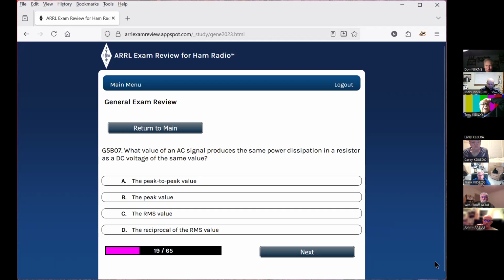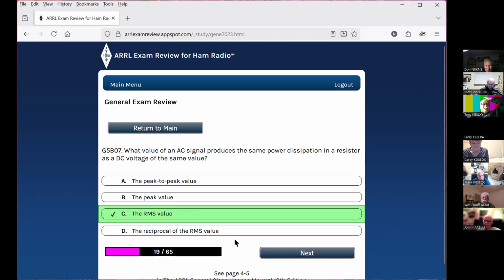C. Yeah, it's C, the RMS value. The usefulness of the RMS value is it tells you how much power is dissipated, even though the relationship to the actual peak voltage or average voltage in a signal may be complicated.